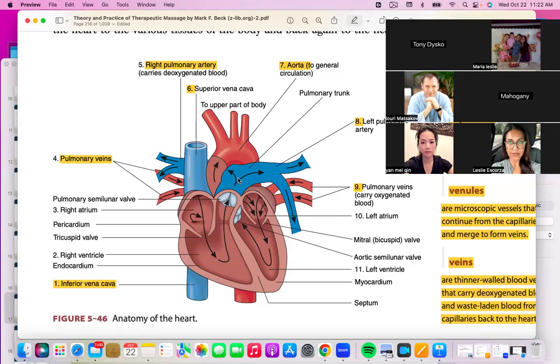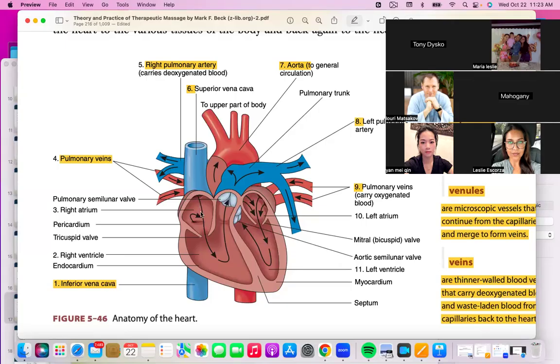Now, this is confusing, okay? But listen to me. That's the only one that's confusing. So let me finish it for you. The pulmonary artery carries the blood to the lungs to be oxygenated. According to what I said, the arteries carry oxygen-rich blood, except for this case, and the veins carry oxygen-poor blood.